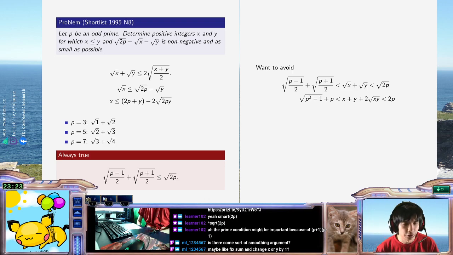Fix the sum and change x or y by 1. I feel like because it's bounded both above and below, I'm a little skeptical. If I had x and y with fixed sum, I wouldn't even know whether to push them closer or pull them further apart. Either one seems like it would cause it to go outside the interval.